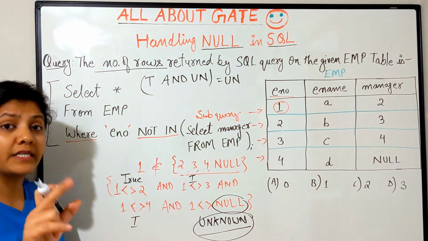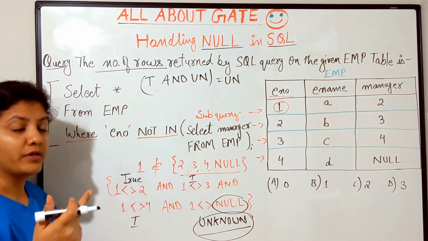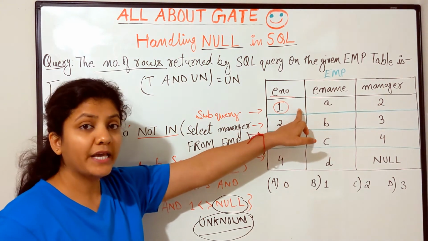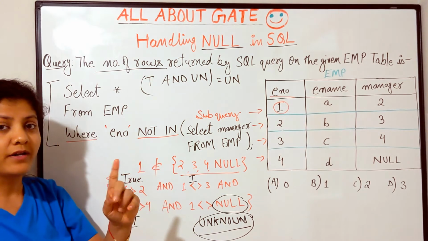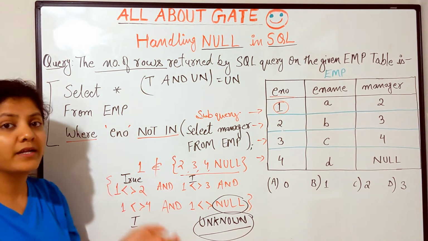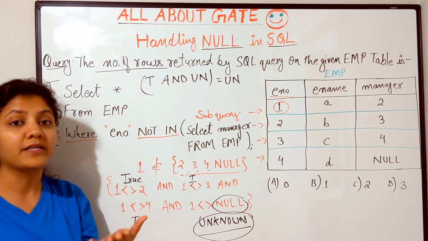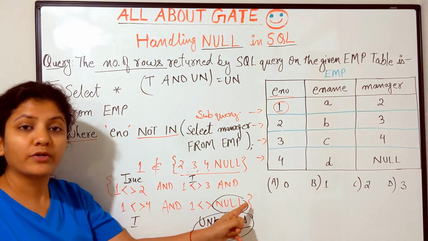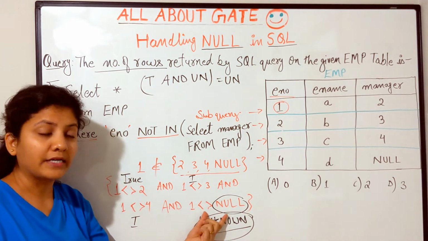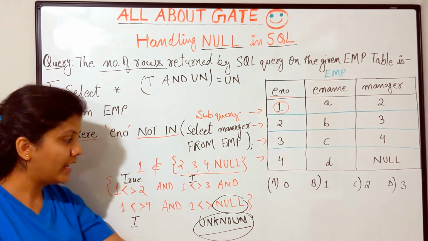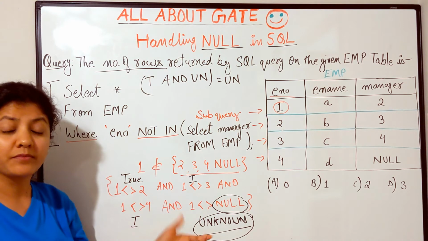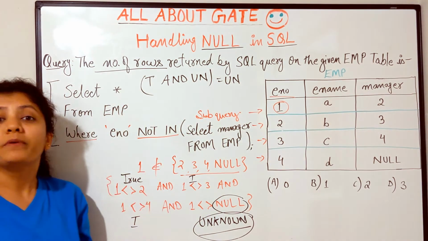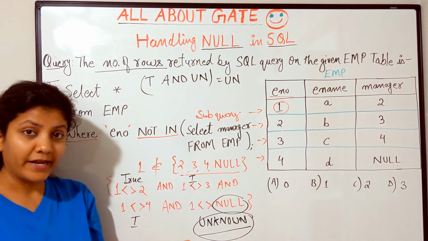So for everyone who was expecting to see this tuple in your output, I have explained how it is not going to be present. You will not see 1, because 1 is not equal to null, and when we check this condition, it results in unknown, so the entire statement becomes unknown, and this tuple will be rejected and not selected in your output. Alright?